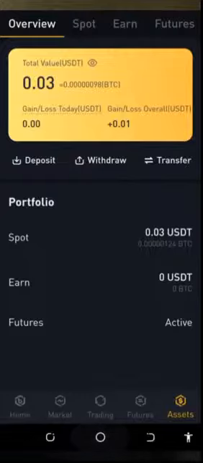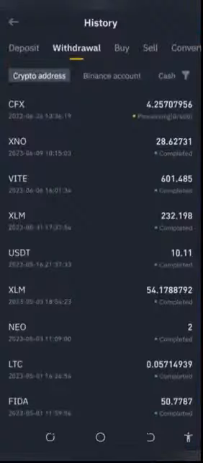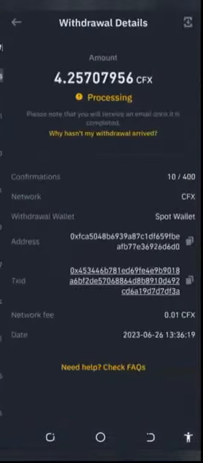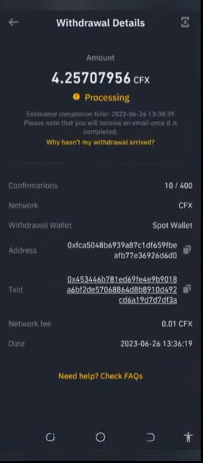Let's keep our fingers crossed. Currently, it's still looking like it's processing. We've gotten 10 out of 400 confirmations. Interesting. I don't know how long this is going to take. No idea, right? Let me click on this to see where it takes me and what's going on. This is what happens when you're trying to send money through networks.